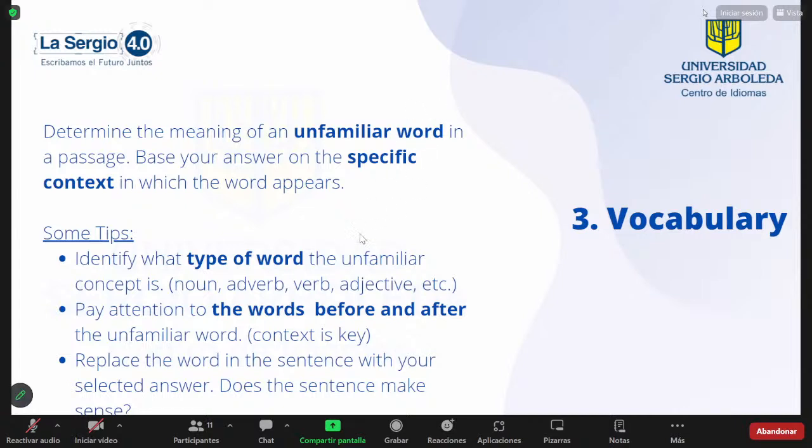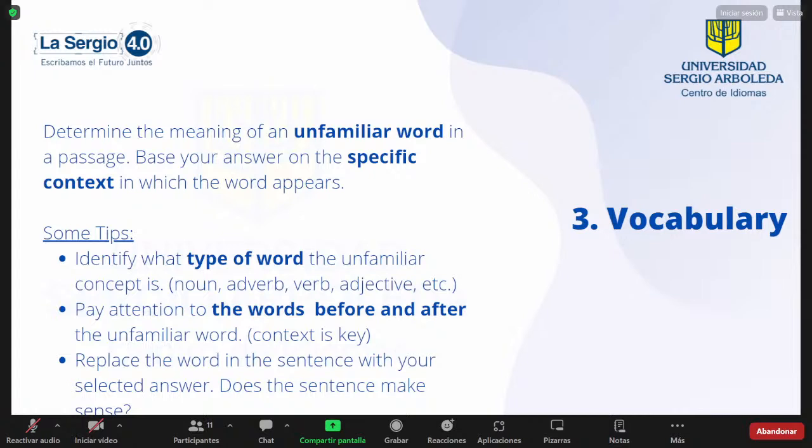Identify the type of word: the unfamiliar word is a noun, adverb, verb, adjective, etc. Pay attention to the words before and after the unfamiliar word. Context is the key. Replace the word in the sentence with your selected answer. Does the sentence make sense?